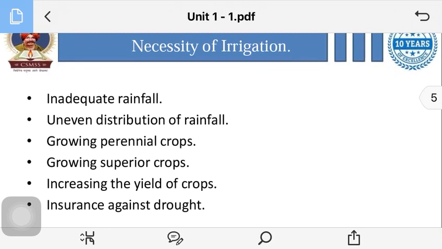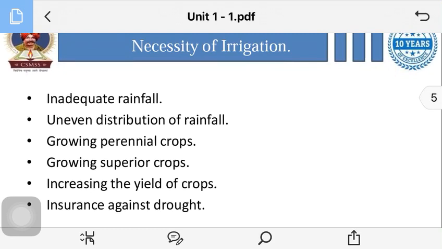Next is uneven distribution of rainfall. Third is growing perennial crops. Perennial crops do not have to be planted every year, so they do not require annual plowing or herbicide application to establish them.